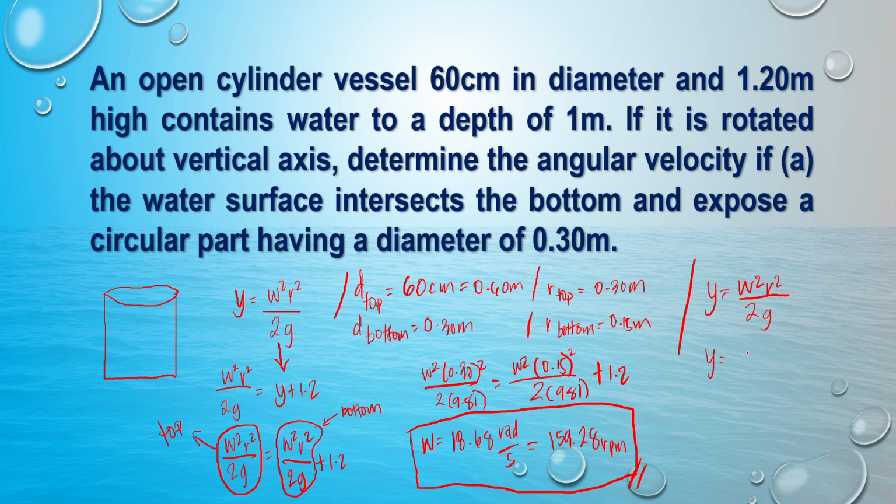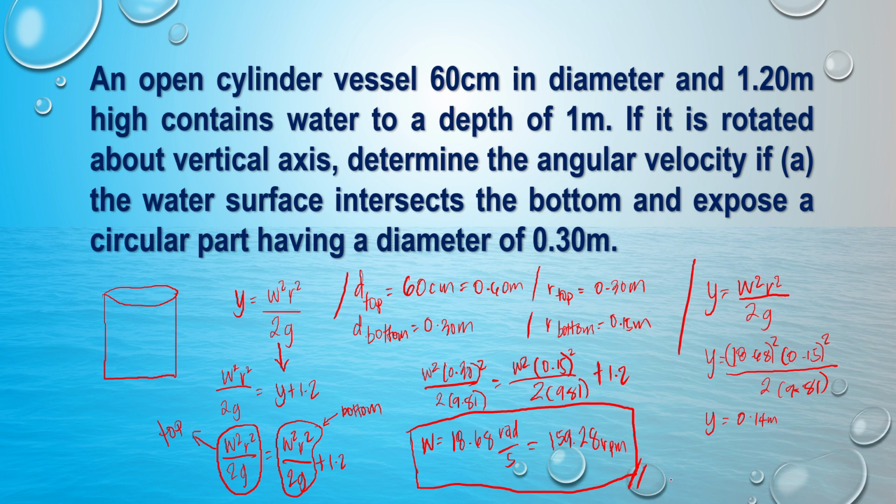In order for us to get the height in meters, Y is equal to 18.68 squared times your radius at the bottom, 0.15 squared, over 2 times 9.81. Your Y becomes 0.14 meters.